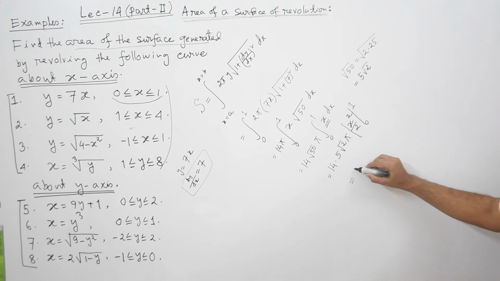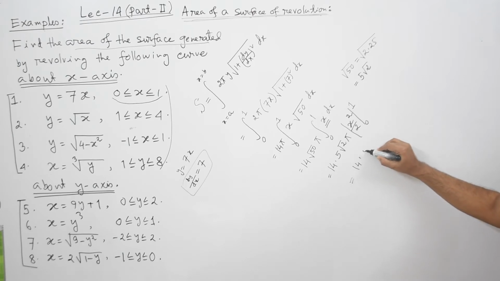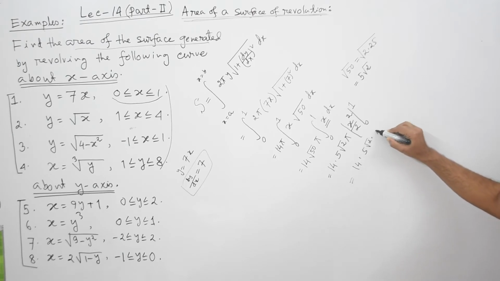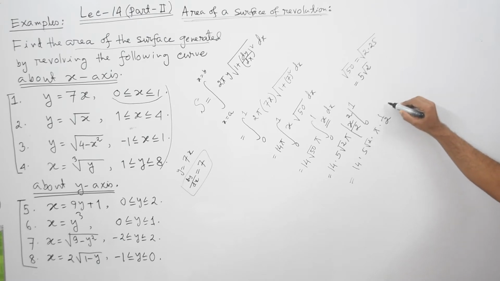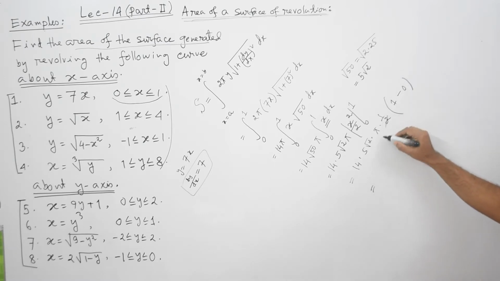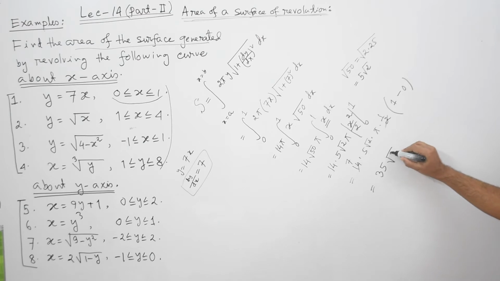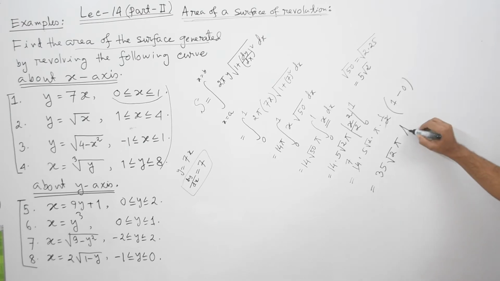This equals 14 into 5 root 2 into pi into 1 half. If you put the upper limit, I will get 1 minus 0 for the lower limit. So I can simplify it: 35 root 2 pi. So this is the answer.